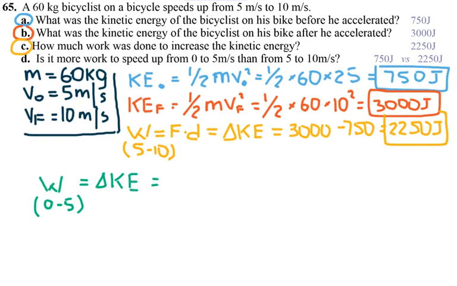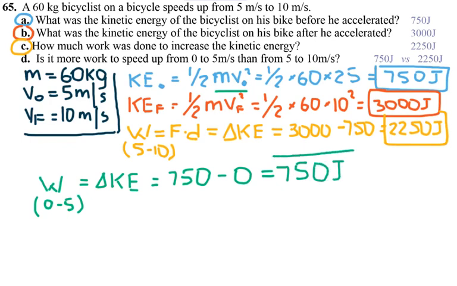So the final would be 750 at 5 meters per second, right? Because we just found it right there. Minus initial when it was not moving. So you have 750 joules of energy or work. In order to go from 0 to 5, you need 750 joules of energy.